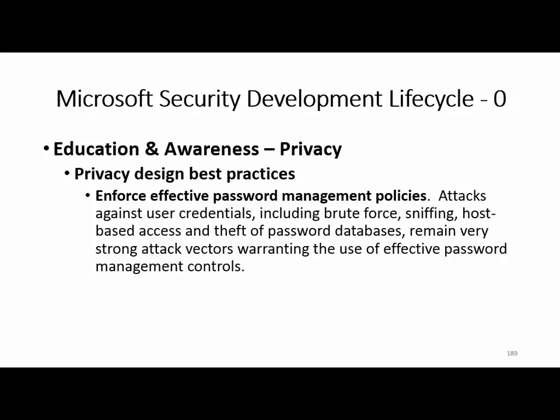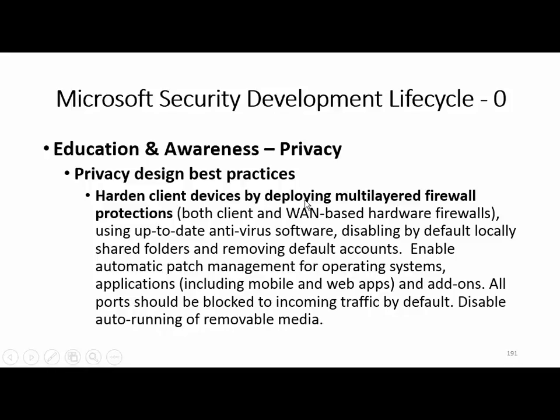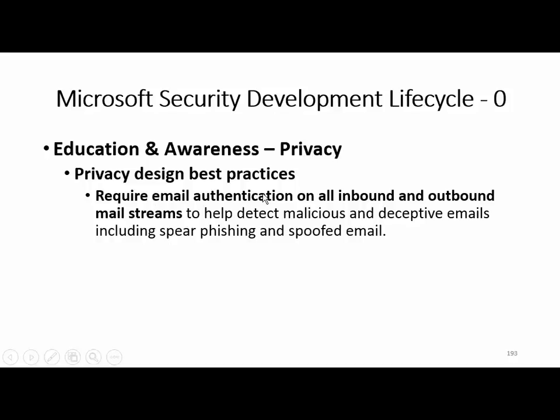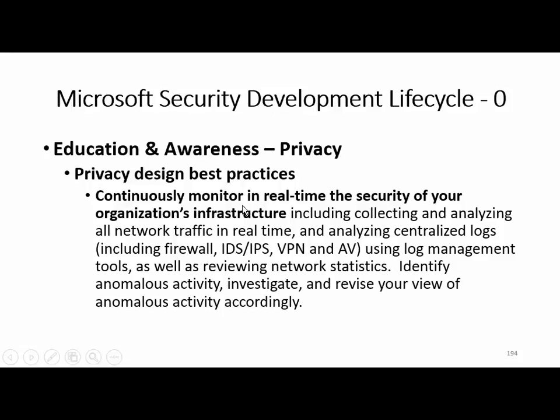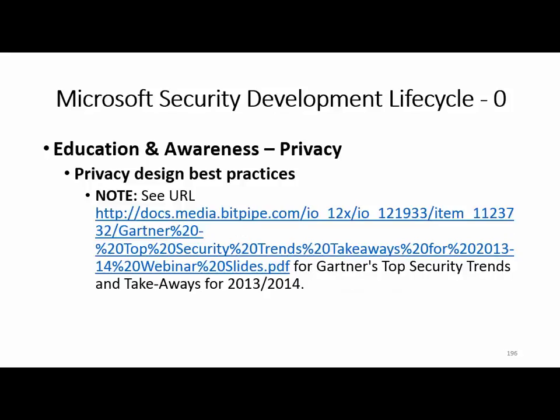So as far as best practices, as we're coming to the end in here, enforce effective password management policy, use least privilege user accounts, harden your client devices by deploying multi-layered firewall protections, conduct regular pen tests and vulnerability scans, require email authentication on all inbound and outbound mail streams, continuously monitor in real time the security of the organization's infrastructure, deploy web app firewalls to detect and prevent common web attacks like cross-site scripting.